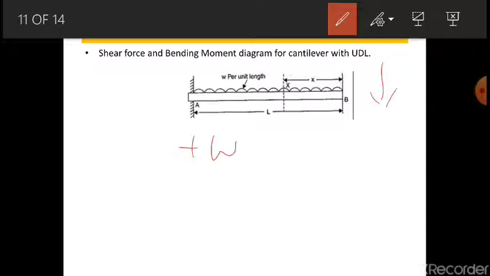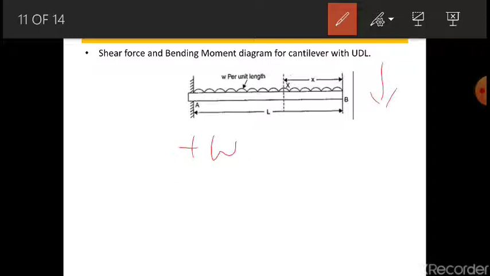Into what? How much is the distance? Because this is UDL, it is per unit length. The load which is given here is per unit length. It is not a point load here, so we have to multiply it with the length. At what distance are we calculating this?